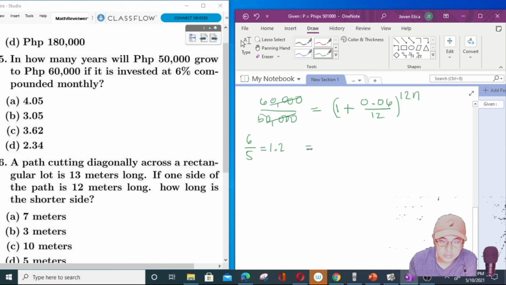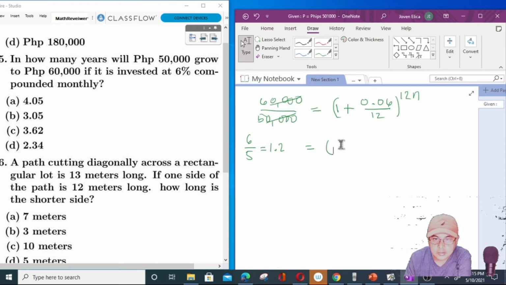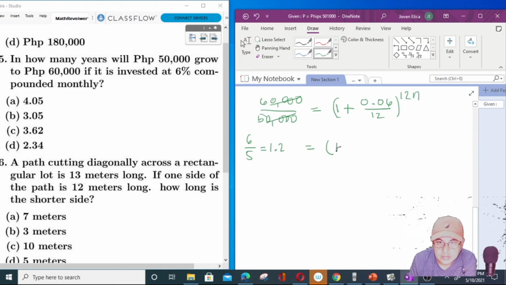And 1 plus 0.06 over 12 is actually 1.005, raised to 12n.